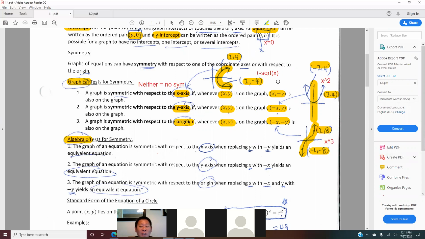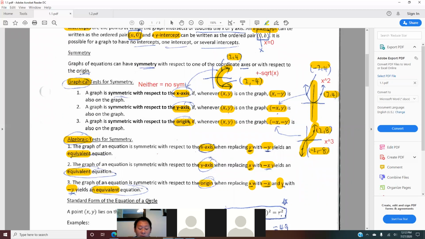Algebraically means they don't give you a graph, they give you an equation, and they want you to figure out whether it is symmetric with respect to the x-axis, y-axis, or origin. For the x-axis, you replace y with negative y, and if you get exactly the same equation, it is symmetric. For the y-axis, you replace x with negative x, and you also get an equivalent equation. For the origin, you replace x with negative x and y with negative y, and you get the same equation.